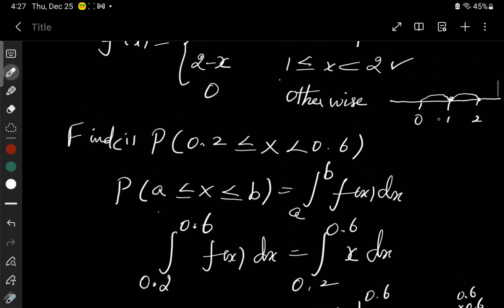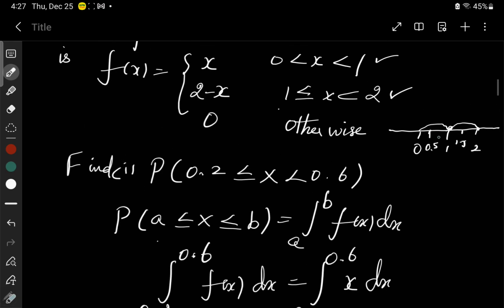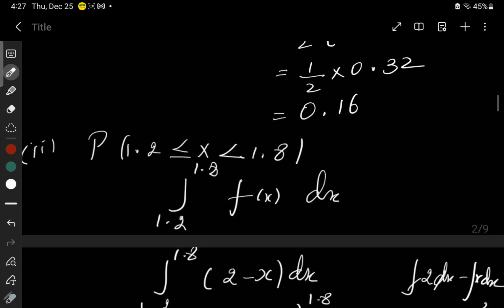It lies between 0 and 1 here. 1.5 is here. This is 0.5 and this is 1.5. So we have to take two functions. The interval, we split it into two parts. 0.5 to 1, I take the function x, and 1 to 1.5, I take the function 2 minus x.